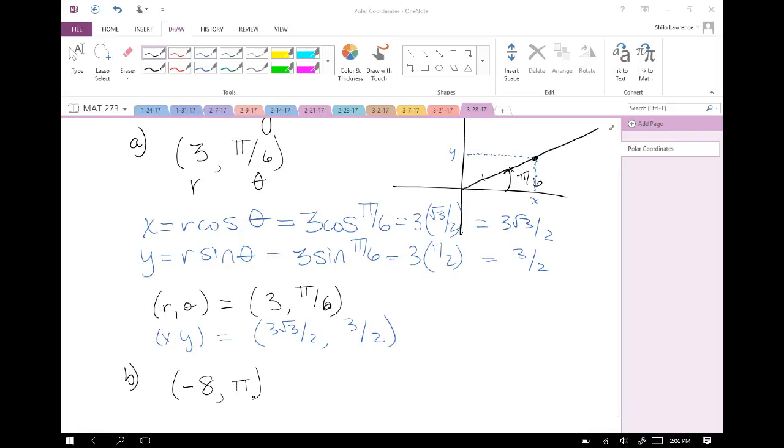Because it's a negative 8. So pi is 180 degrees, but then the r is negative, which means move away from it. Exact opposite. When your r is negative, it means move away from that angle. So this is actually going to end up on the positive x-axis.